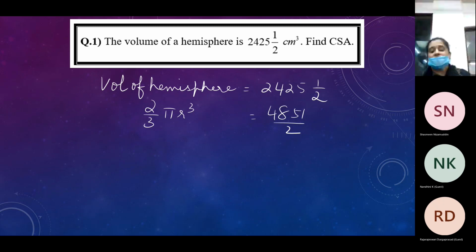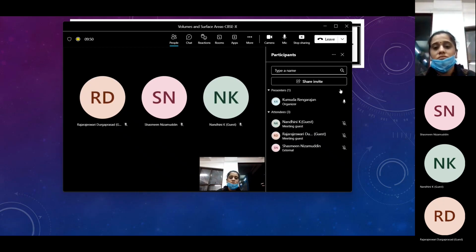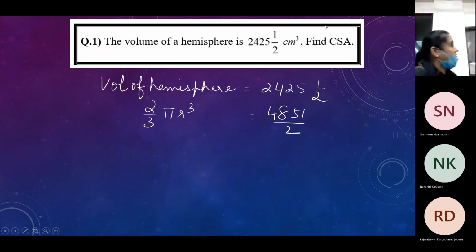Nandini, Rajeshwari, Sashwin, what's the value of R? I must say the class is slow. Do you have the value of R? Working.